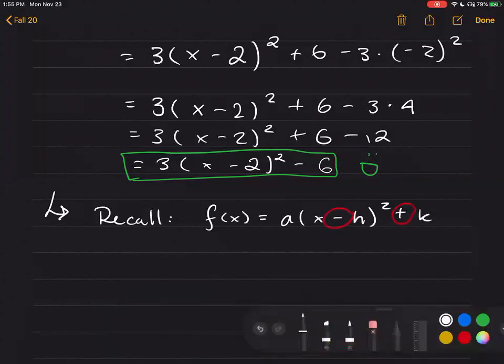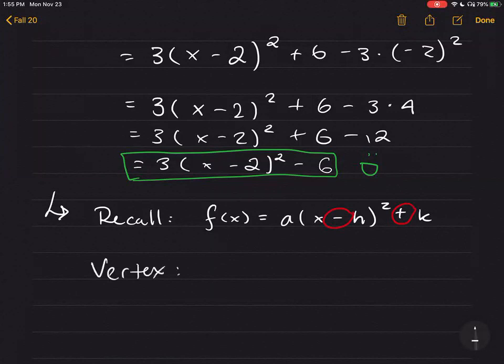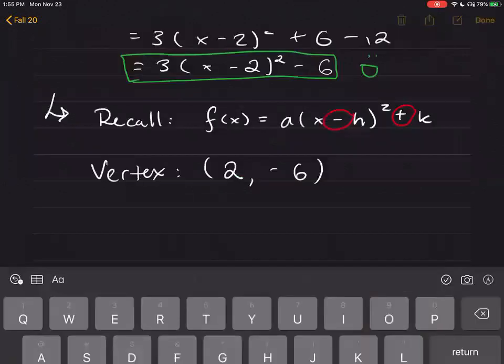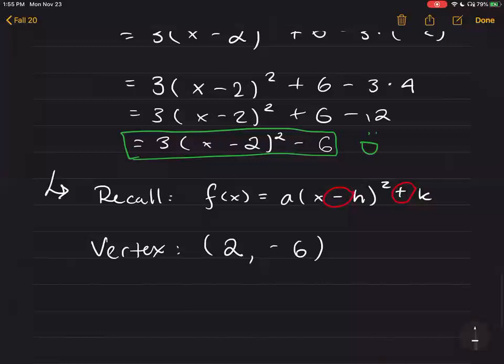And so when we look at the thing I've boxed in green here, our standard form for our parabola, the vertex is going to be positive 2, negative 6. As you put a 2 in for h, you get x minus 2. That's what we want. You put a negative 6 in for k here, you get minus 6. That's what we want. So the vertex here is 2, negative 6.